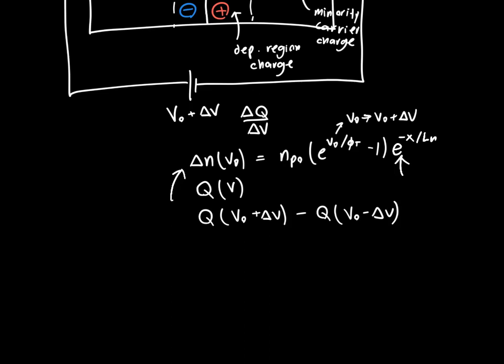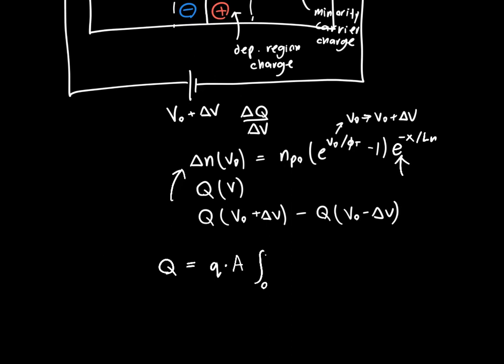If we want to convert from carrier numbers into charge, we need to first multiply by the charge per carrier. We also need to multiply by the area, because this is a volume density. And then lastly, we need to integrate the charge density in the x direction.